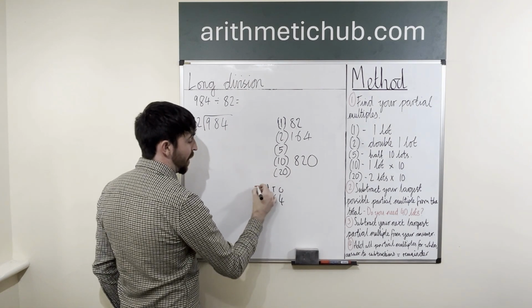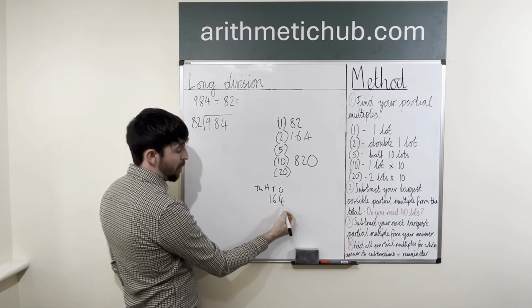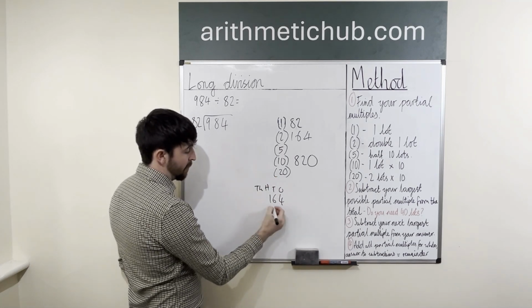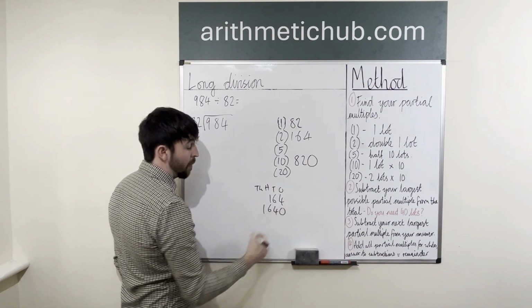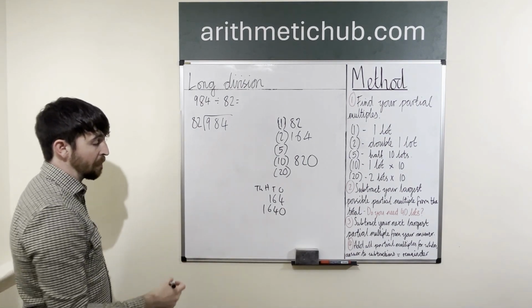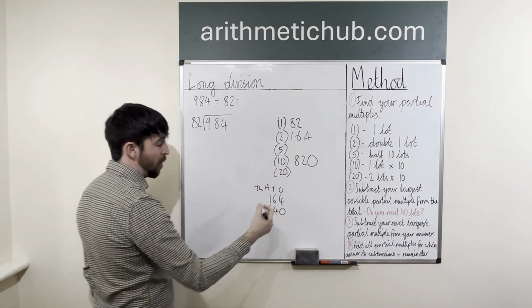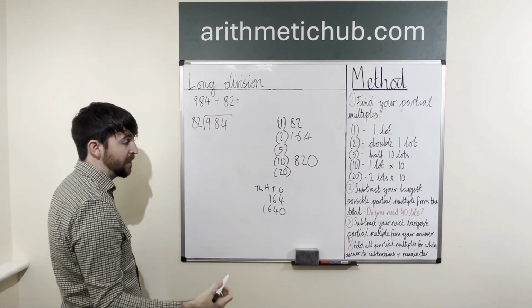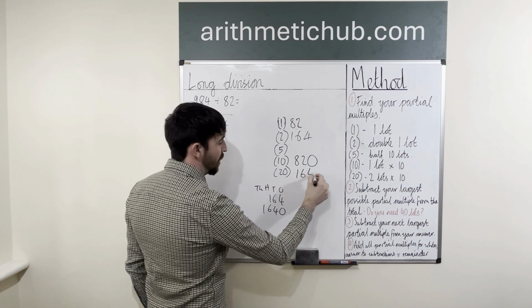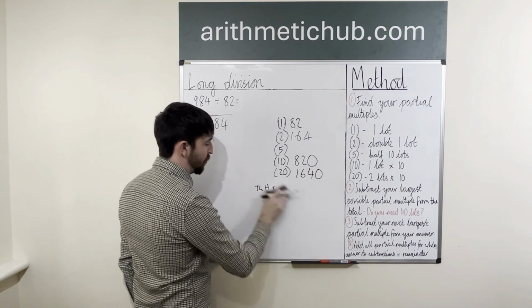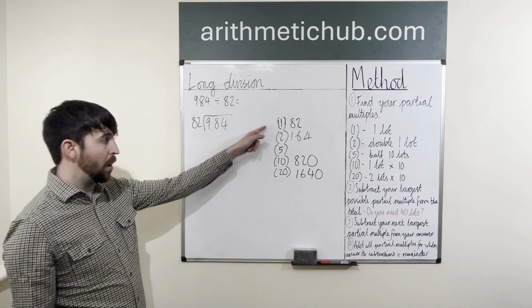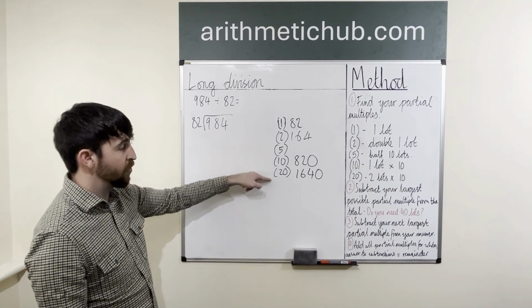I'm multiplying by 10, so I'm going to need my thousands column. Drop it down, move it one column to the left. So now 164 for 2 lots, when I multiplied it by 10 to find 20 lots, is going to be 1,640. So now I've found 1 lot, 2 lots, 10 lots and 20 lots.